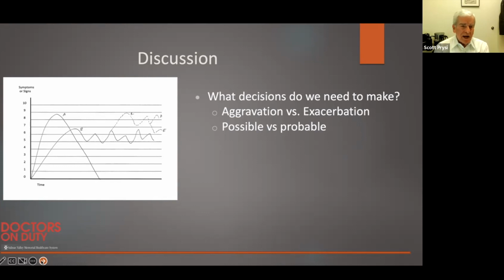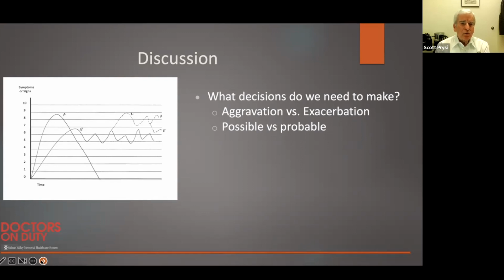If you look at the graph that we've seen many times before, the A line is how the vast majority occur. There's time on the x-axis and signs and symptoms on the other. The A graph demonstrates somebody that at time zero had no pain, or whatever the symptom is, it rises to a maximum and then resolves and the patient's fine.